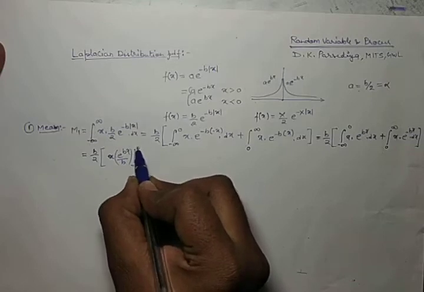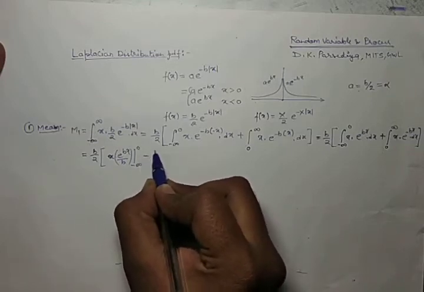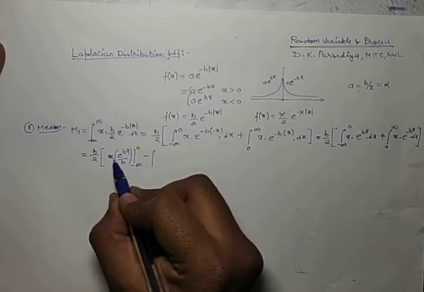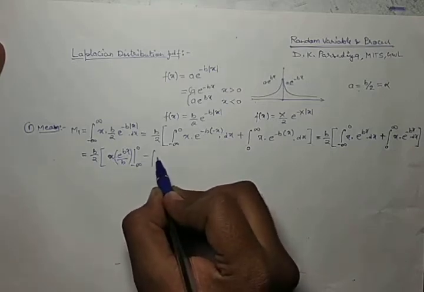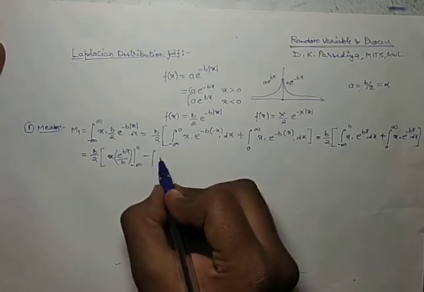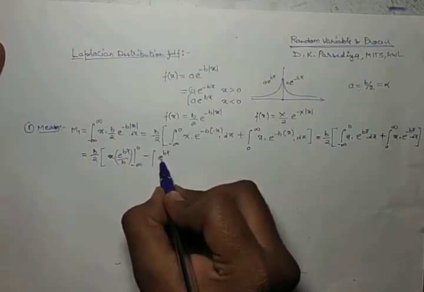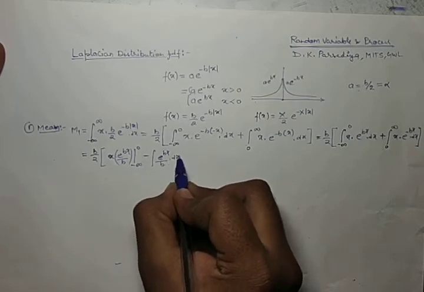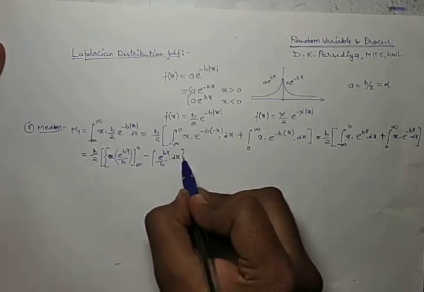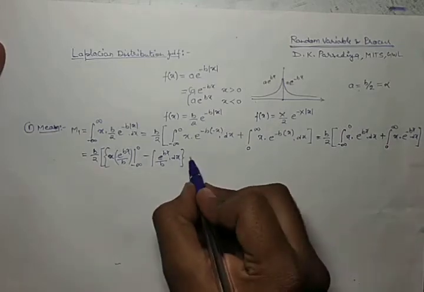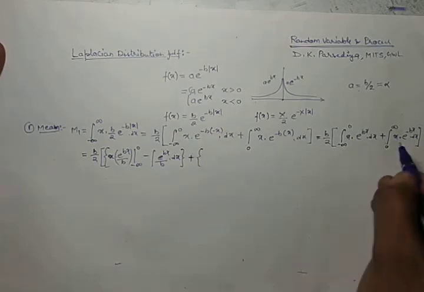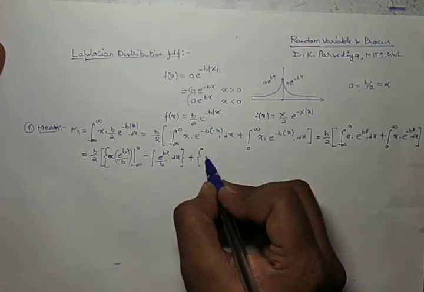0, minus the integration of the differentiation of the first function. The differentiation of x is 1, and the integration of the second function e^(bx) is e^(bx) upon b, dx. So this is about the first. And for the second, first function is x, second is e^(-bx).